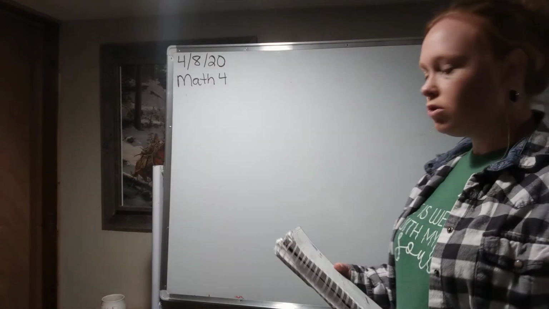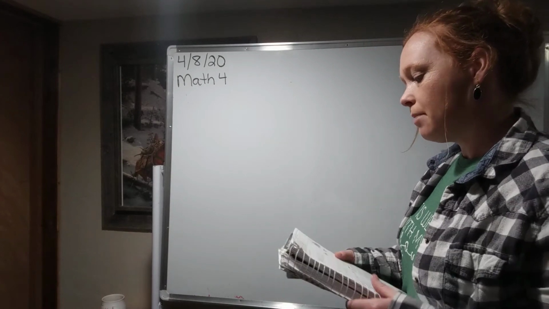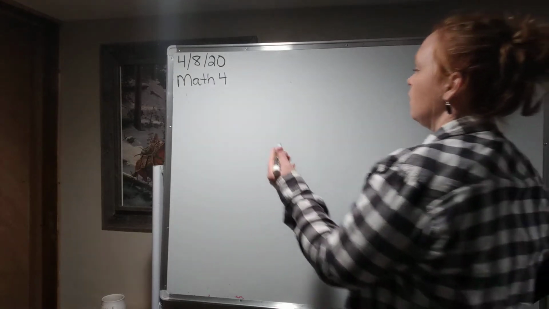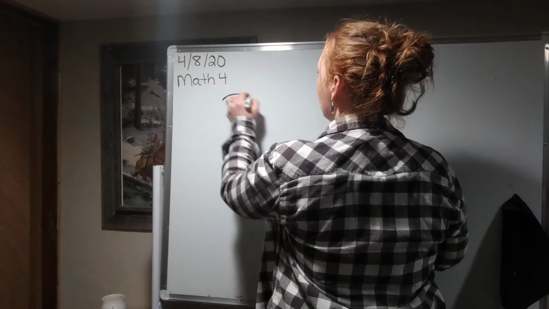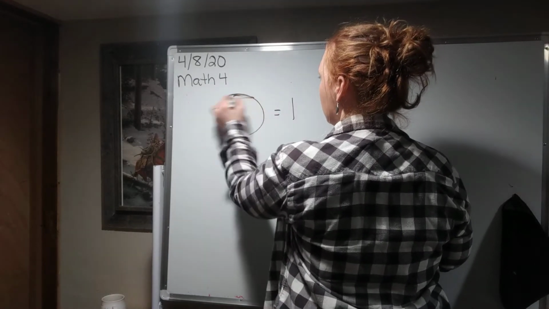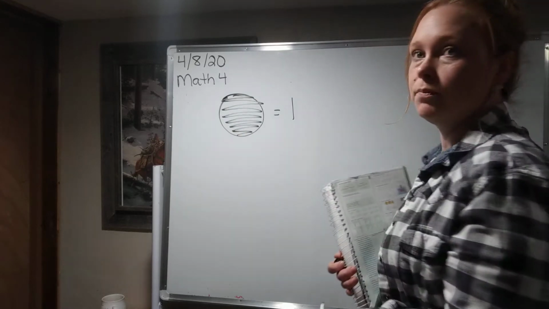So we're going to continue talking about fractions, and today we're going to talk about different names for one whole. If I have one whole pizza, I could say that this whole thing equals 1. Okay?